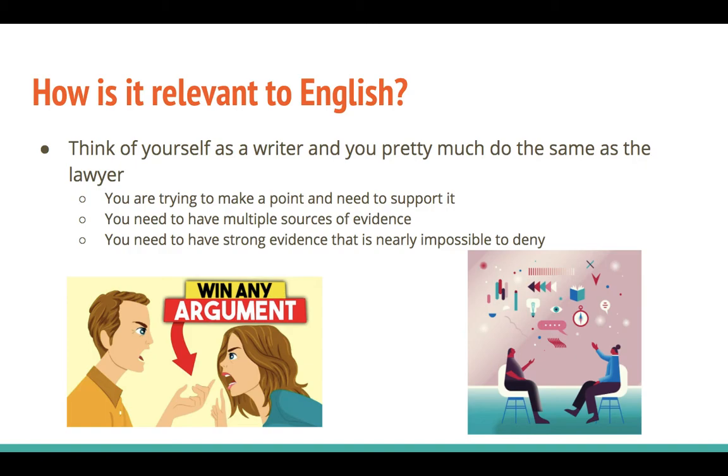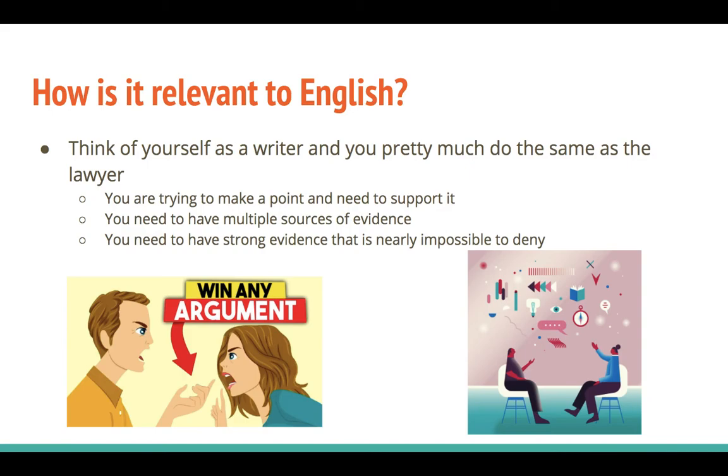So when you are looking for evidence, everything may support your argument, but you need to make sure that you have very strong evidence that cannot be denied, which is the third point. Okay, that is where having that evidence, like the fingerprints or the DNA, is crucial.